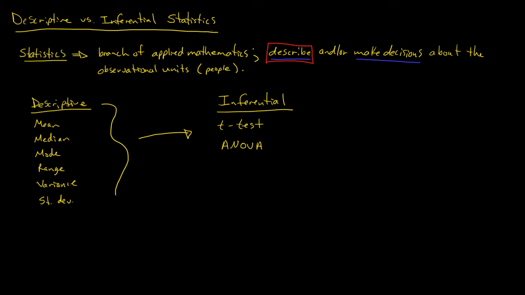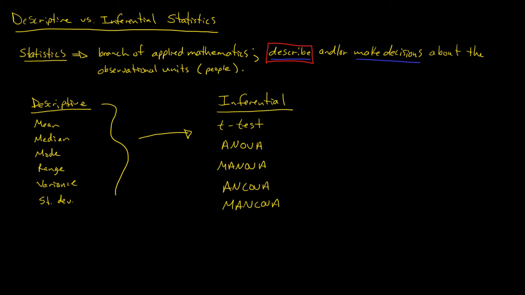But you would have things like MANOVA, if you see these in articles, and ANCOVA, analysis of covariance, and MANCOVA. MANOVA is a multivariate analysis of variance, and MANCOVA would be multivariate analysis of covariance. These are all just techniques.